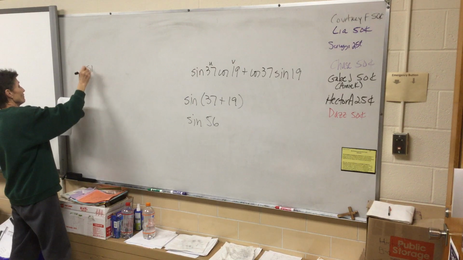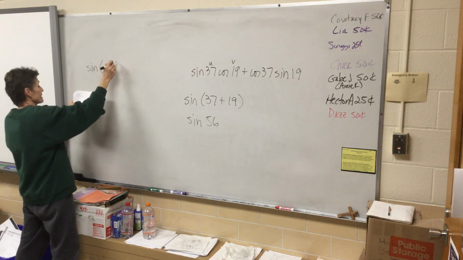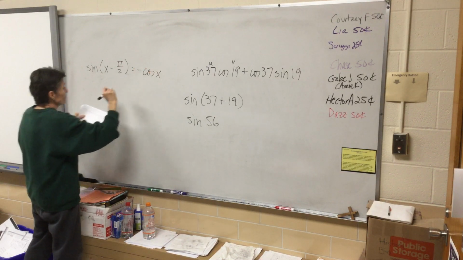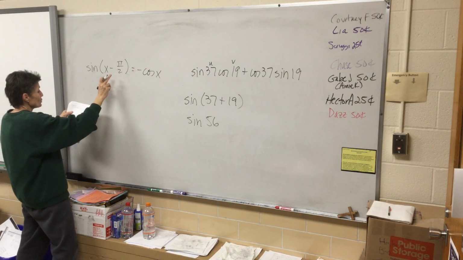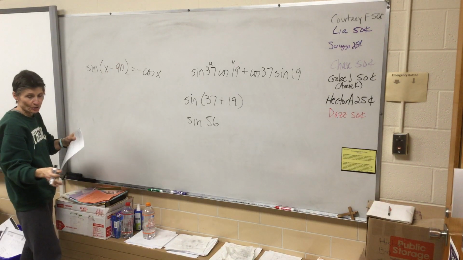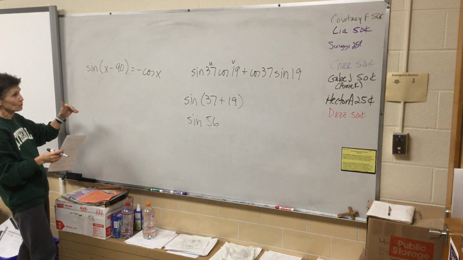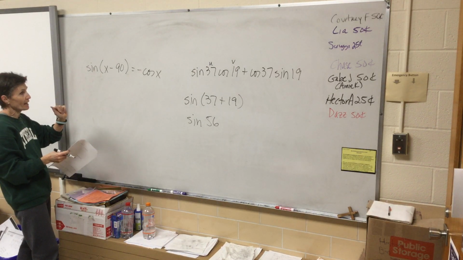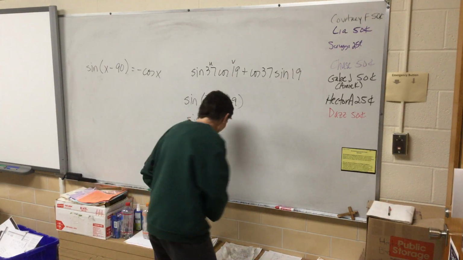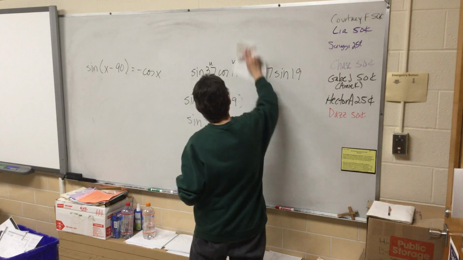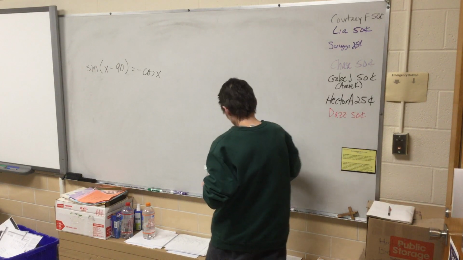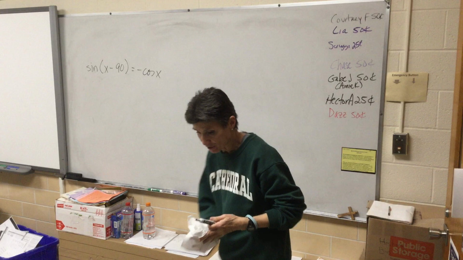Okay, so here's a verify, which is what we were practicing earlier in the period. If you want to, you can change the pi over 2 to 90 if that's easier for you. You certainly can leave a pi over 2, but you can also change it to 90 if you want. Your job is to prove that this is true. So, do you have an idea on what you might do?